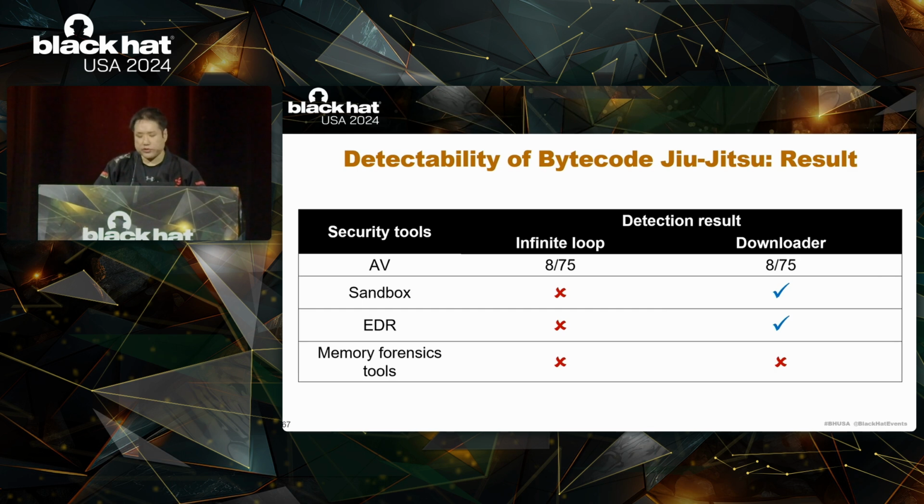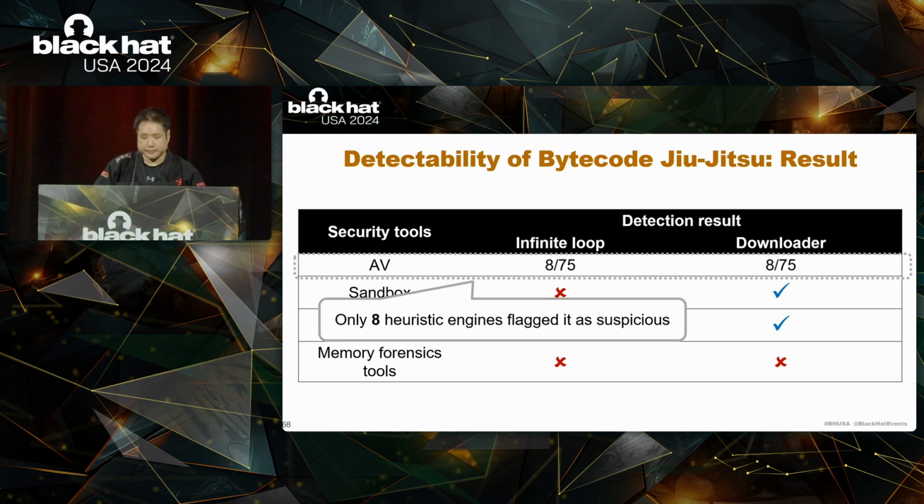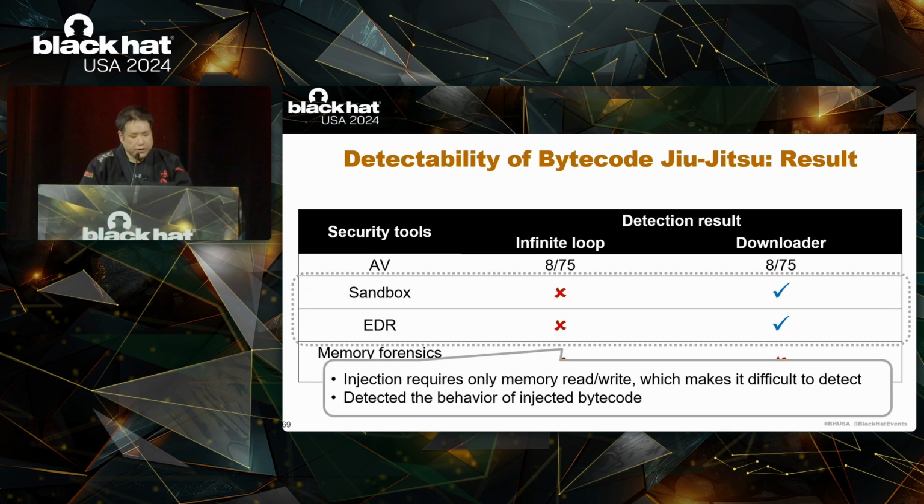So this table shows the detection result. Many antivirus products could not detect Bytecode Jiu-Jitsu. Our injector is determined as suspicious only by 8 heuristic engines. Since Bytecode Jiu-Jitsu requires only memory reads and writes, it is difficult for EDRs and sandboxes to detect it.